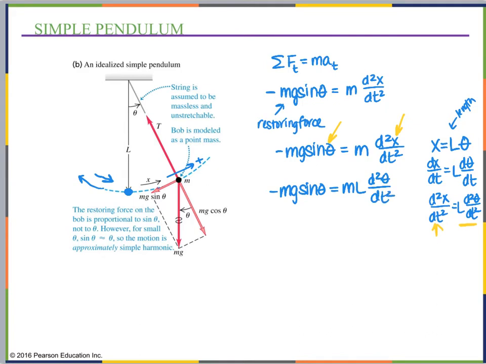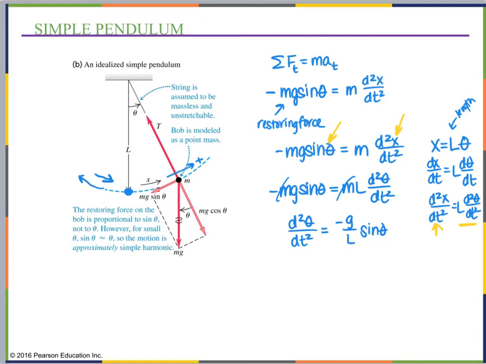All right, so now we have everything in terms of theta, which is a help. Mass is going to cancel out, so it doesn't matter how much mass is at the end of that pendulum. And if I rearrange this, the acceleration is equal to minus g over L times the sine of theta.